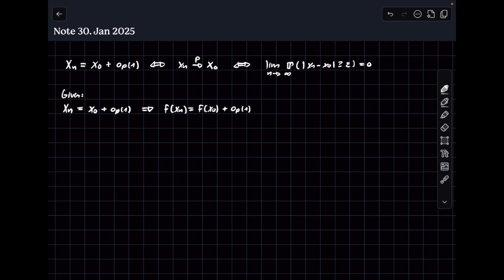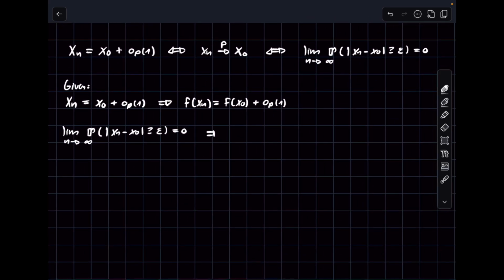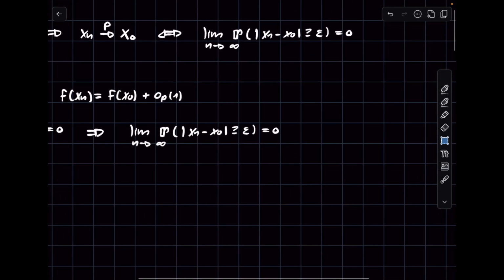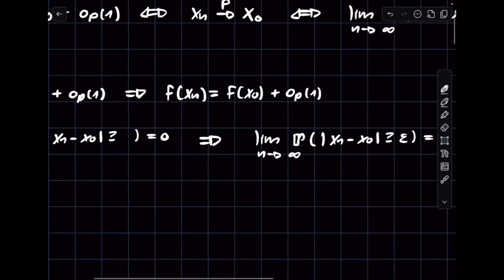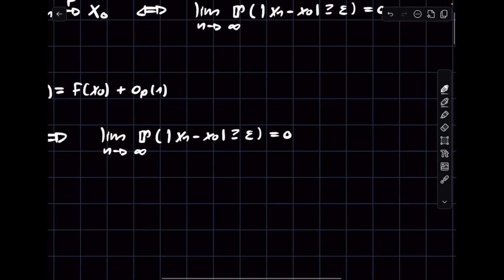Well, the first thing we have to do is focus on this guy. So this must imply that this. First of all, we're going to remove the epsilon here. I'm going to write a delta because they cannot be the same value.